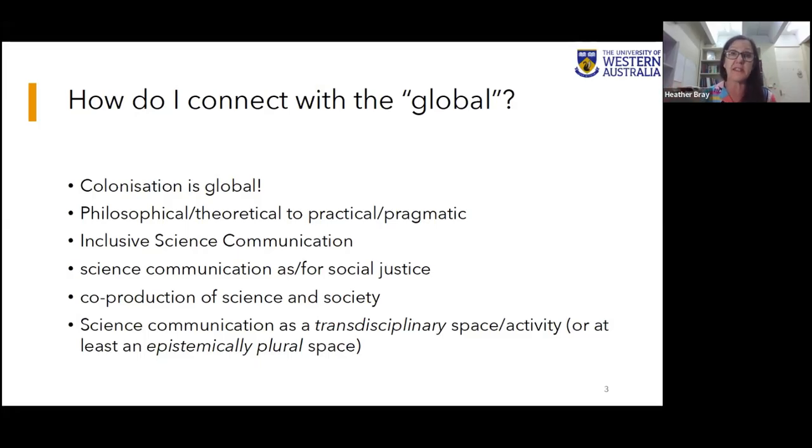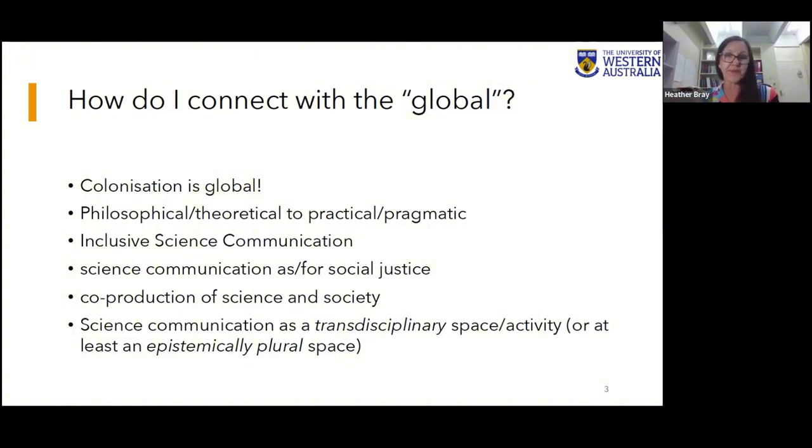It is also an example of the co-production of science and society, particularly when you talk about the social construction of race and how science has been used, or how science itself has marginalized peoples and ways of knowing, doing and being for a range of people throughout the world. And lastly, it's an example of how we can start to think deeply about what science communication is, whether we're prepared to recognize it as a transdisciplinary space, or at least one where there are multiple ways of knowing, doing and being.